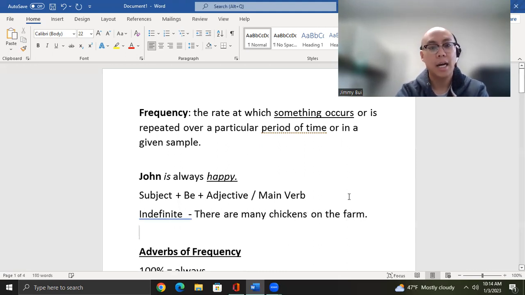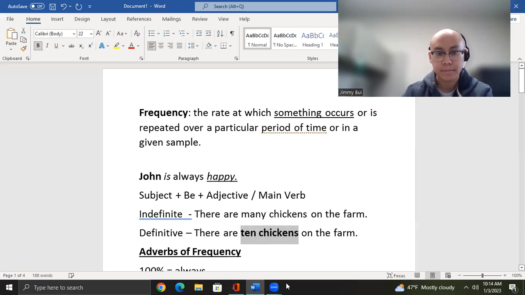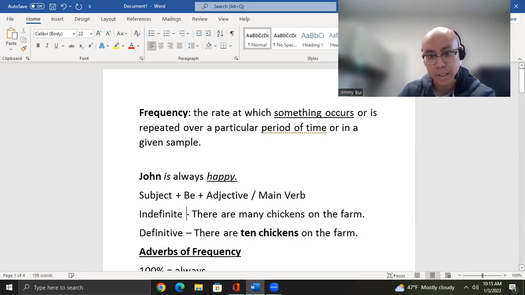Something rather definitive would be, there are 10 chickens on the farm. When I say 10 chickens, that is definitive. That is specific, precise, exact. Indefinite is going to be, there are many chickens.